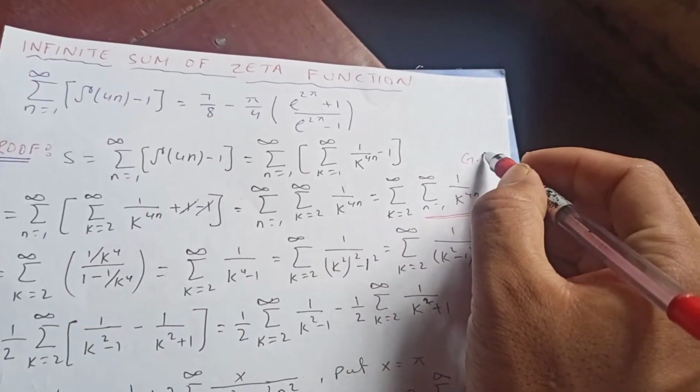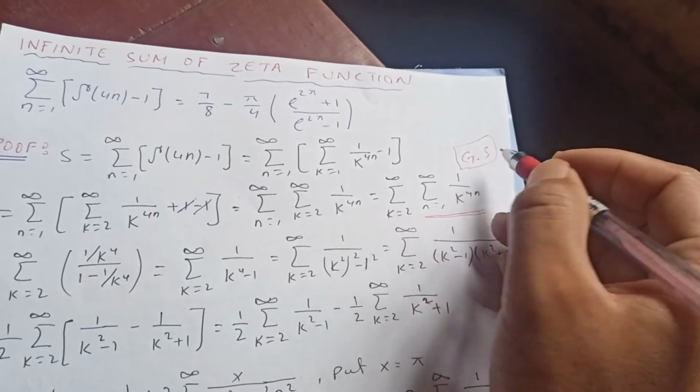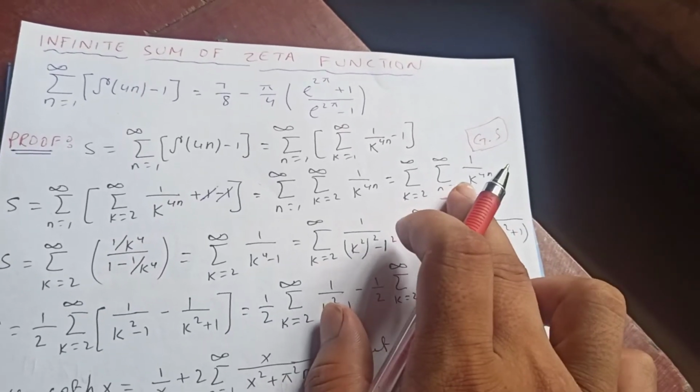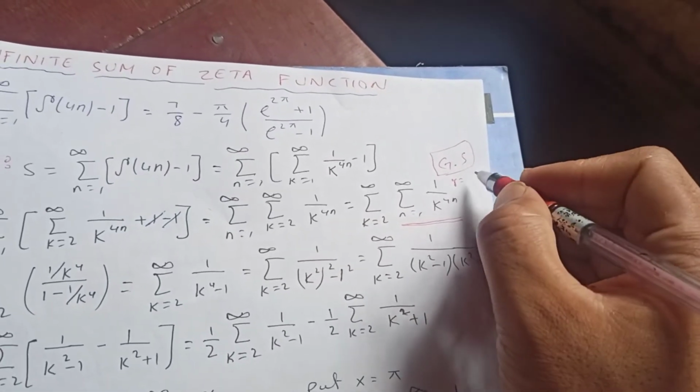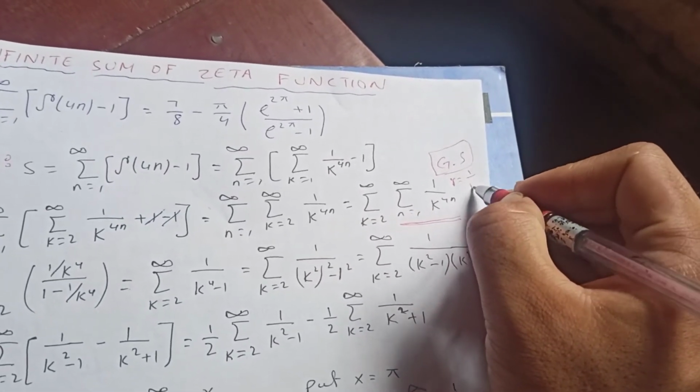If you look at this inner part, this is nothing but a geometric series, GP, with common ratio 1 over k to the 4.